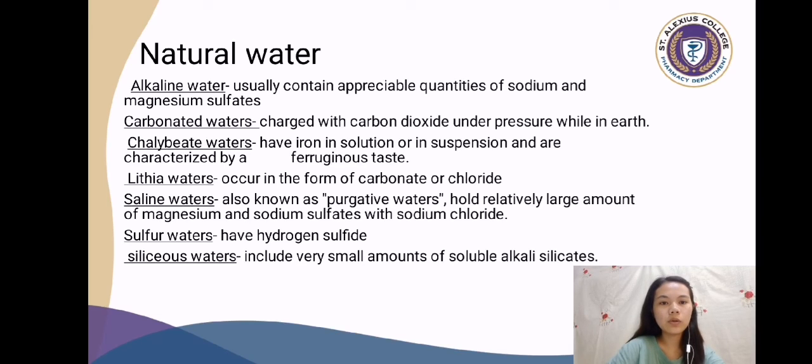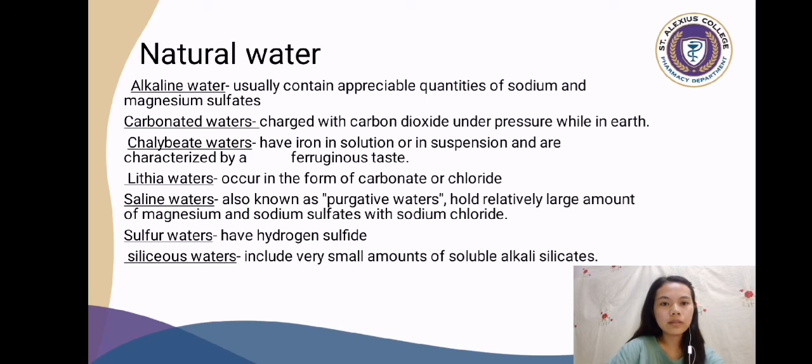Lithia waters occur in the form of carbonate or chloride. Lithia water is defined as a type of natural or mineral water which is characterized by the presence of lithium salts such as carbonate, chloride, or citrate of lithium. Saline waters, also known as purgative waters, hold relatively large amounts of magnesium and sodium sulfates with sodium chloride.